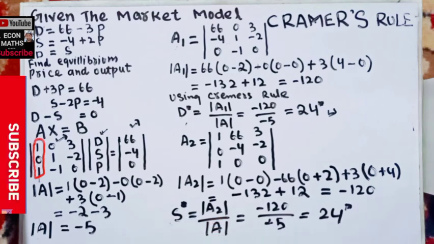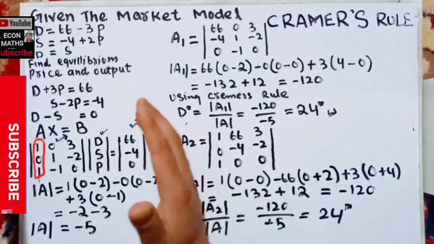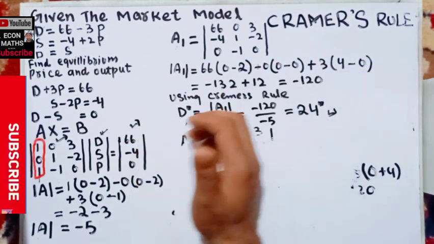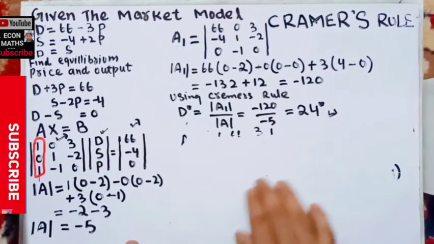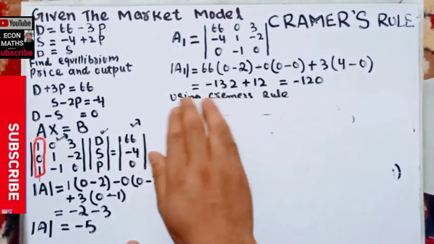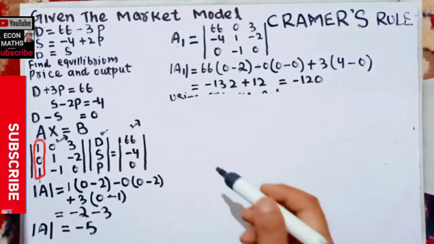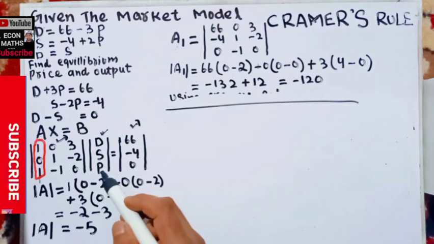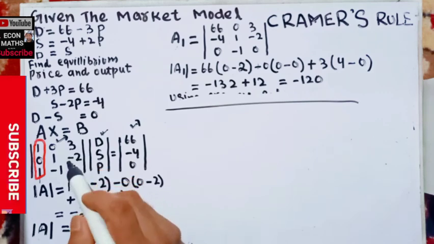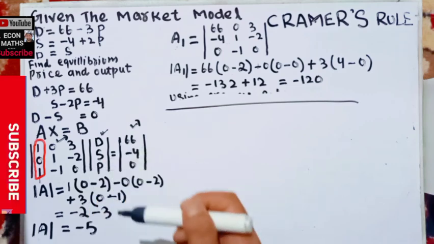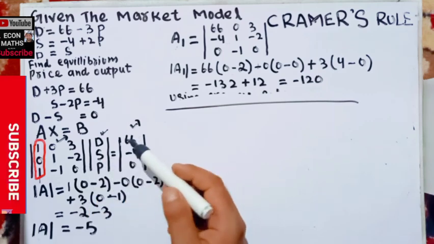Now we have to solve for P. To solve for P, we replace the third column of the coefficient matrix by the coefficient vector of constant terms.